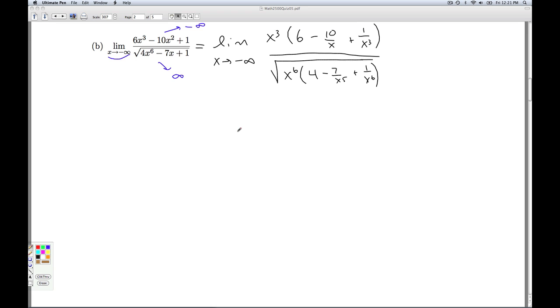So when you think back to your intermediate algebra class, you know that the square root of x to the 6th is the square root of x cubed squared. Now the square root of anything squared is the absolute value of that thing. So what I'm getting out is the absolute value of x cubed, not x cubed necessarily.